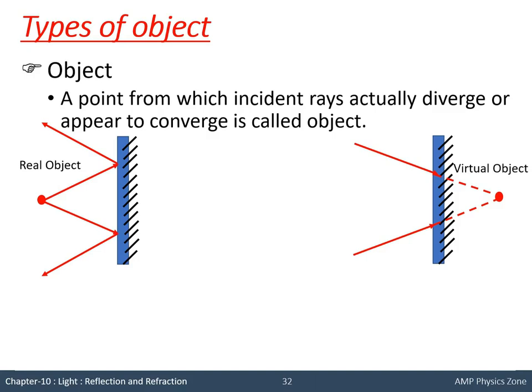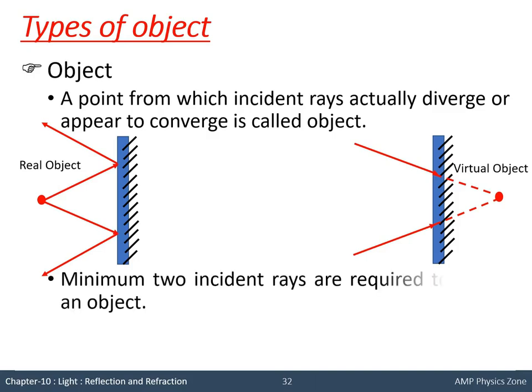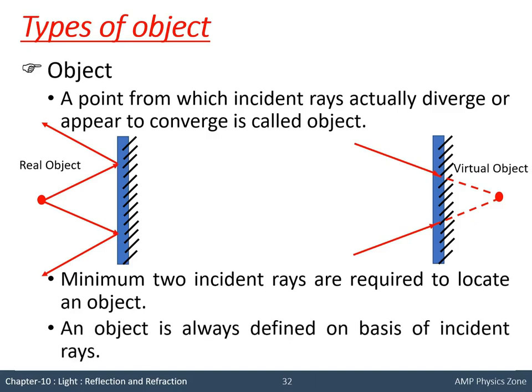So if the rays falling on the mirror are diverging, the object is real, and if the rays falling on the mirror are converging, the object is virtual. But remember that we will deal only with real objects in this chapter. A minimum of 2 incident rays are required to locate an object. An object is always defined on the basis of incident rays.